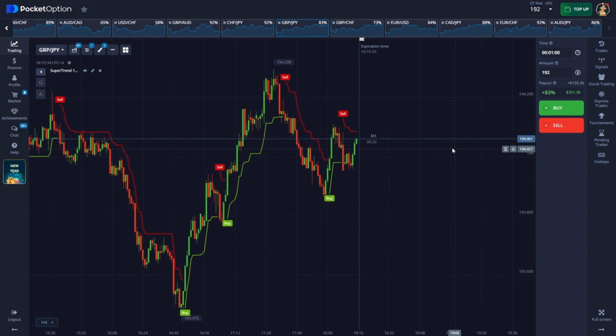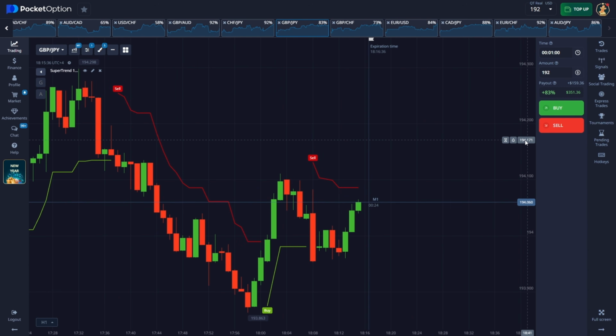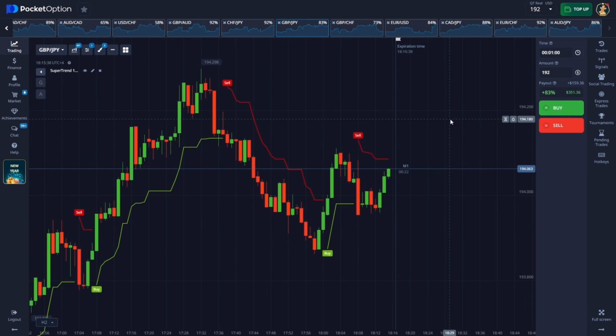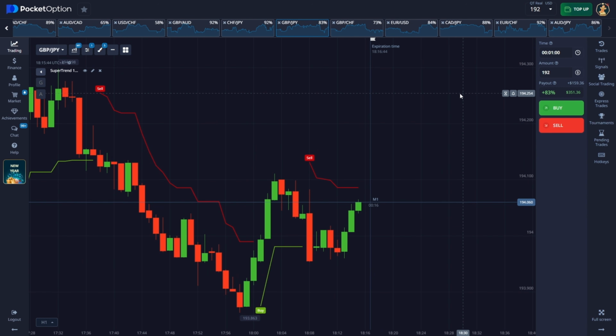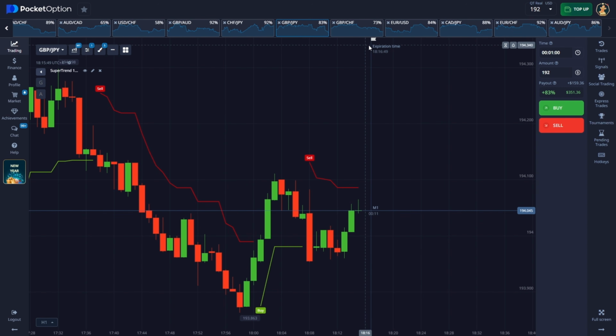On GBP JPY, we have a signal for a downside move. I'm waiting for an entry near the sell level. The candle reversed, so we'll avoid that trade.